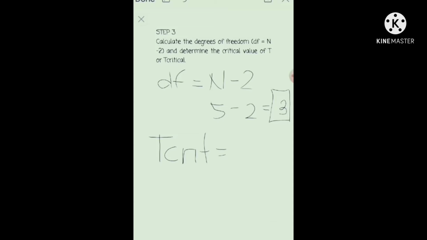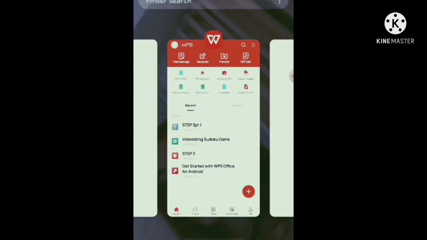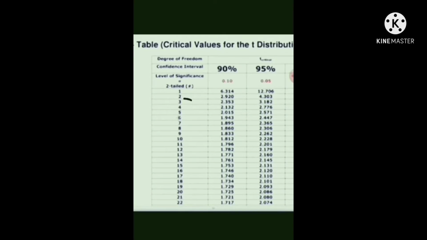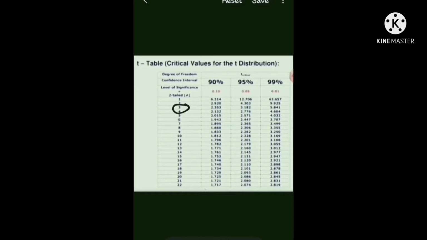We go to the table. Our df is 3 and our level of significance is 0.01. Therefore, 5.841 is our t critical.